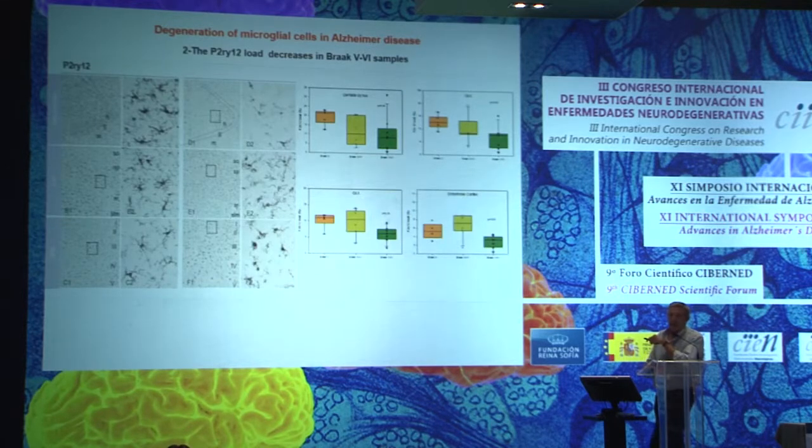This decrease in the expression of this specific marker for microglia could also be observed by immunohistochemistry and could be assessed quantitatively by quantifying the purinergic load. And we did observe a generalized decrease in the BRCA5/6 population in the expression of this marker.